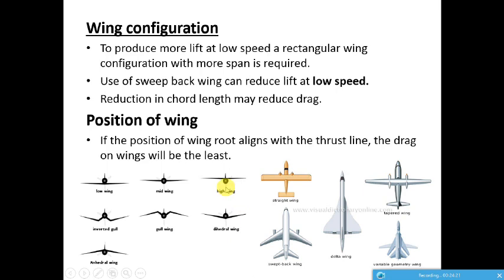It's used in trainer aircraft like Cessna. And the last one, the anhedral aircraft, is mainly used in fighter jets and carrier aircraft, usually found in Air Force aircraft. The dihedral with a low wing configuration combine to provide stability.